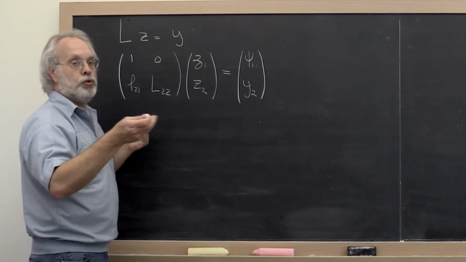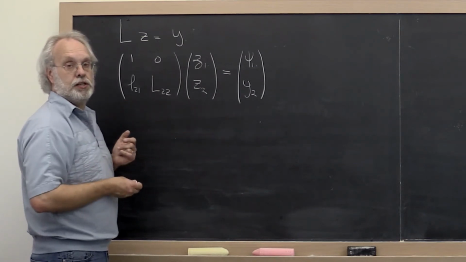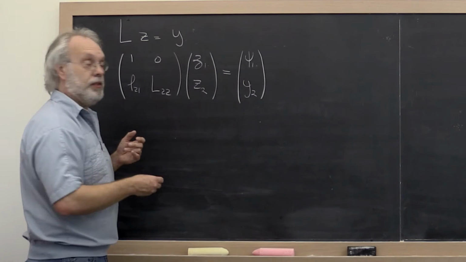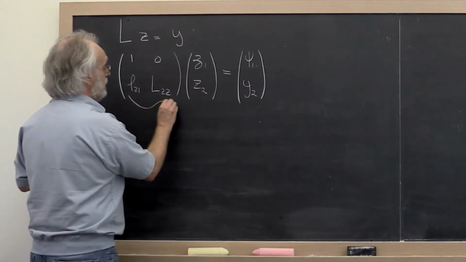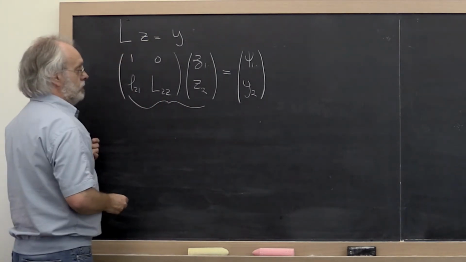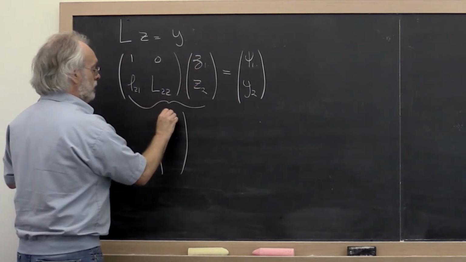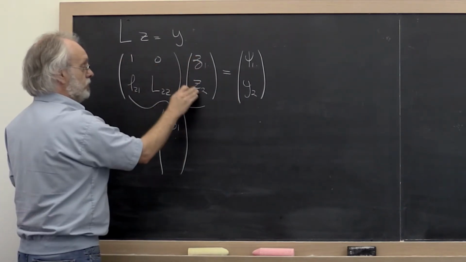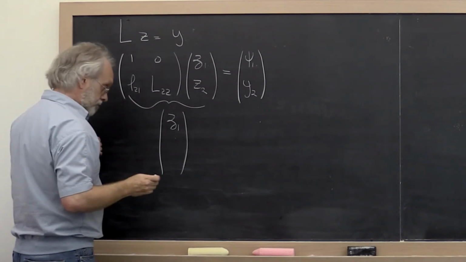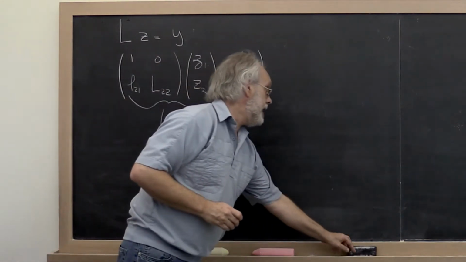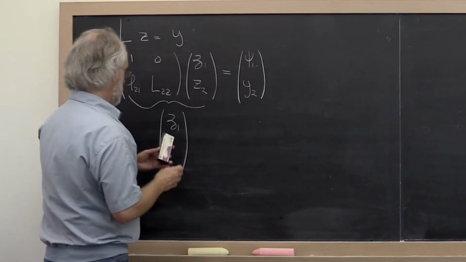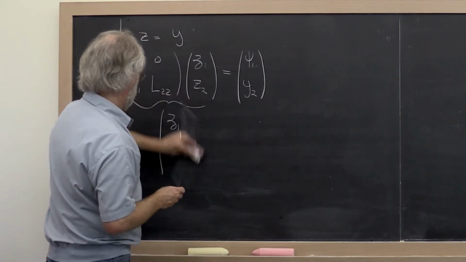What do we often do next once we have done a partitioning like that? Well, we multiply things out. So let's take this right here and multiply it out. That gives us 1 times zeta1, that's just zeta1, plus 0 times z2. And down here, I should have given myself a little bit more room.